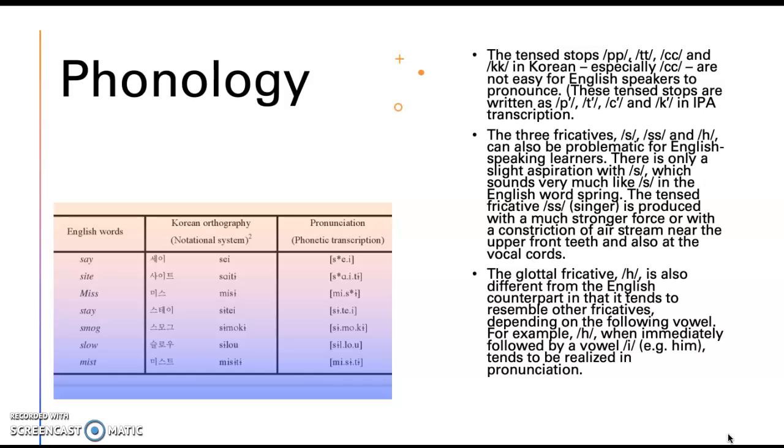For example, h, when immediately followed by the vowel I, example him, tends to be realized in pronunciation. So on the left side, we have a picture of English words, the orthography, and then the pronunciation with the phonetic transcription.